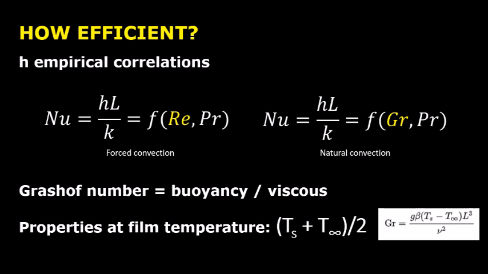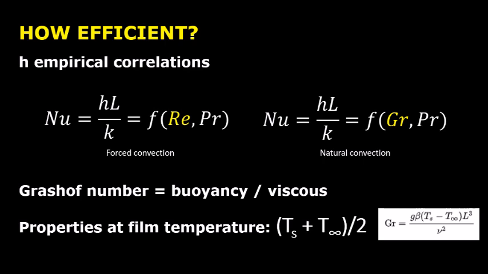What is that film temperature? Well, it's just the average between the surface temperature and the fluid flow temperature. So first of all, you calculate that film temperature, and then you find what the viscosity, the density, and the Prandtl number are at that temperature.